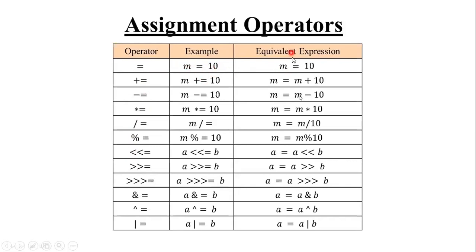Plus equal means add and then assign, so m plus equal to 10 means m equal to m plus 10. Similarly, m minus equal to 10 means m equal to m minus 10. Similarly, m star equal to 10 is m equal to m star 10, and so on.